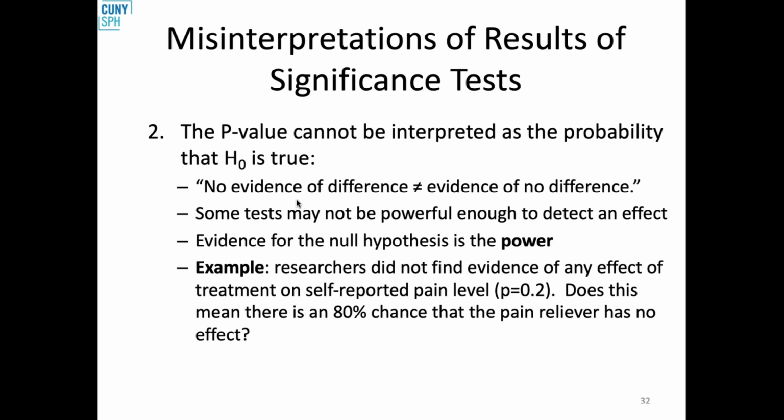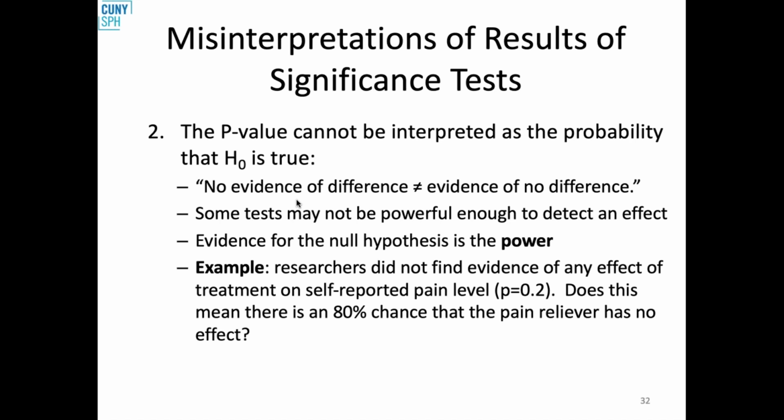The p-value is one of the reasons we never say that we accept the null hypothesis if we fail to reject it. Because that p-value is only used to show the differences between the two groups.